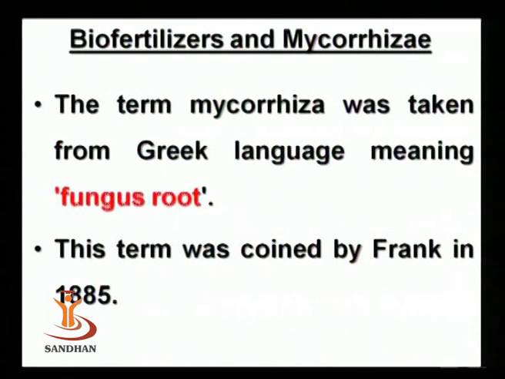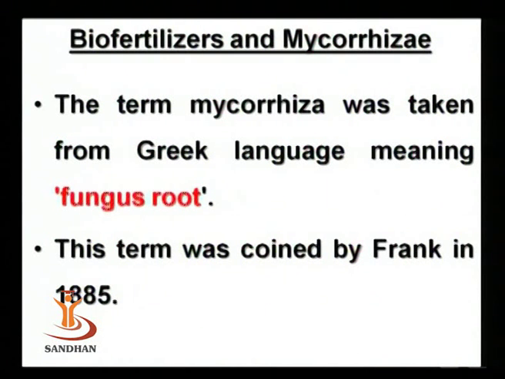Now the third type of biofertilizer, very significant and widely available in the market, is known as mycorrhizae. What exactly are mycorrhizae? The term mycorrhiza was taken from the Greek language, meaning fungus root. This term was first coined by Frank in 1885. Why is the name fungus root?